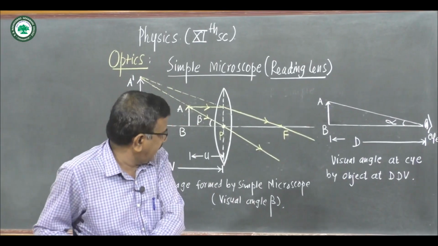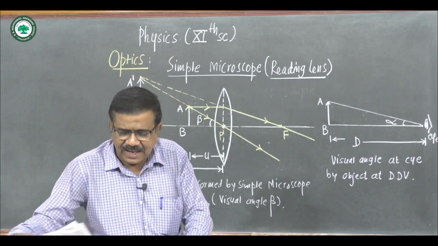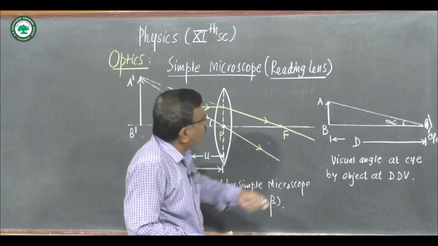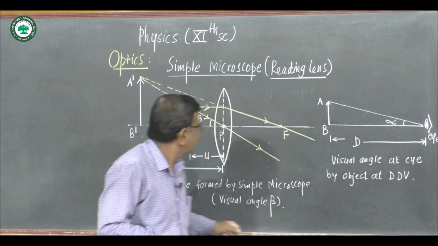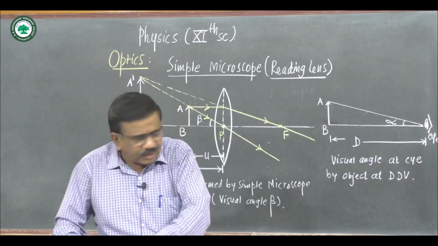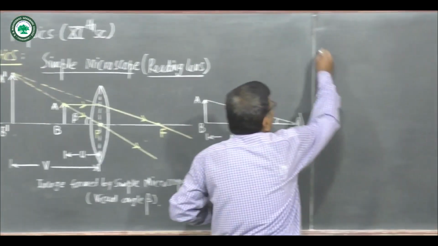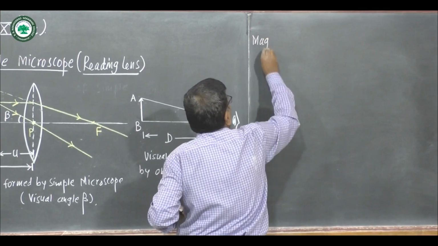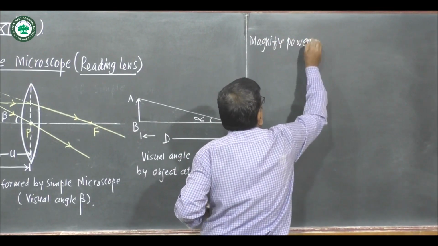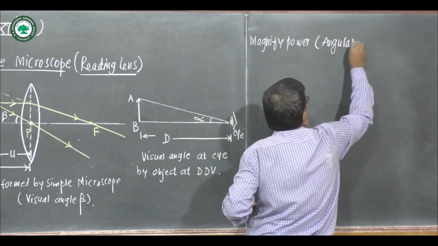That is the visual angle alpha at I if object is directly seen without using the lens. Now we have to find the magnifying power of the simple microscope, or the angular magnification of the simple microscope.